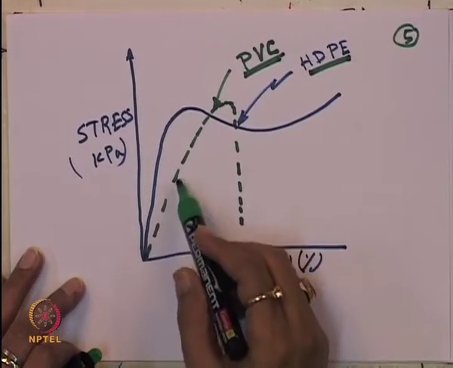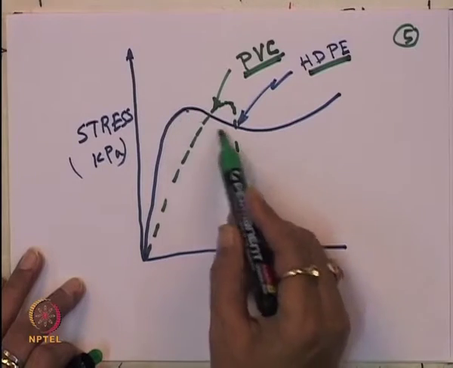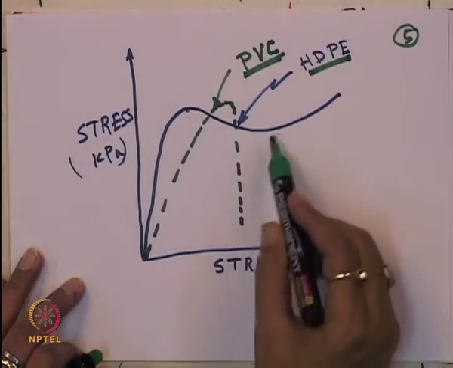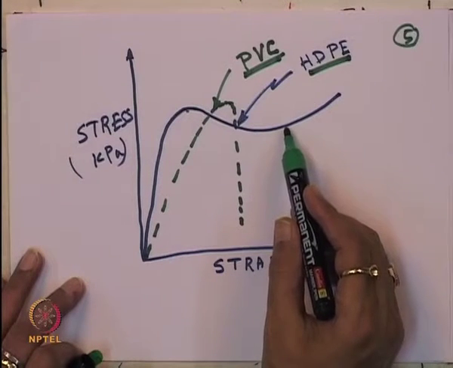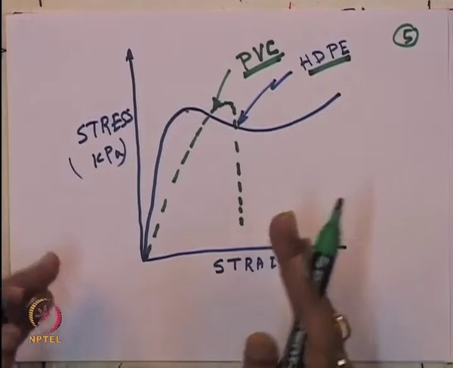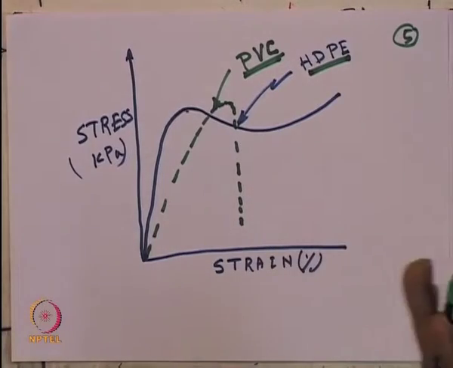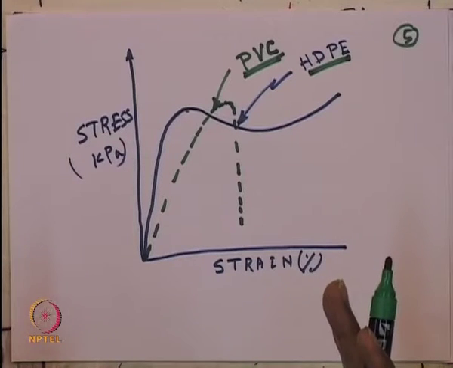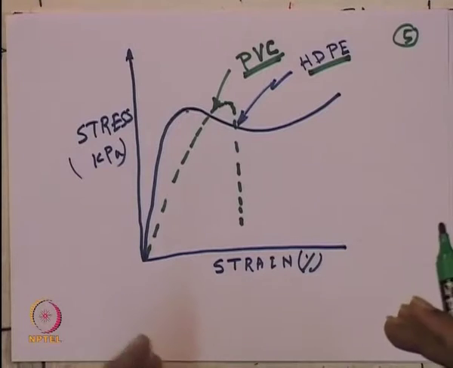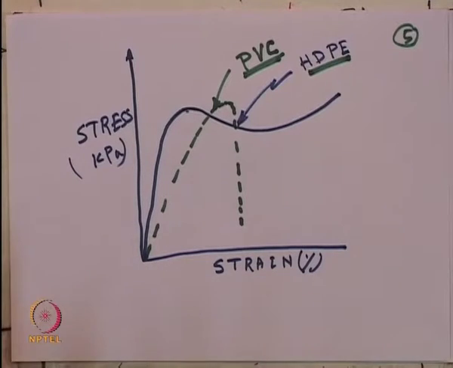So, you can see that the stress and strain gradually increase over a longer time. You can use the high density polyethylene material for the construction of landfills, where you are dumping all kinds of waste material year after year, and you require elongation for a longer time.